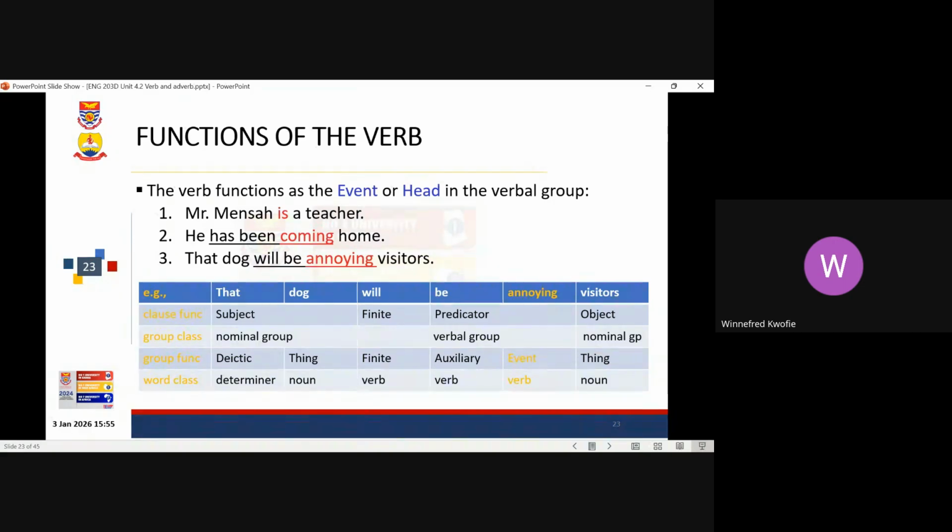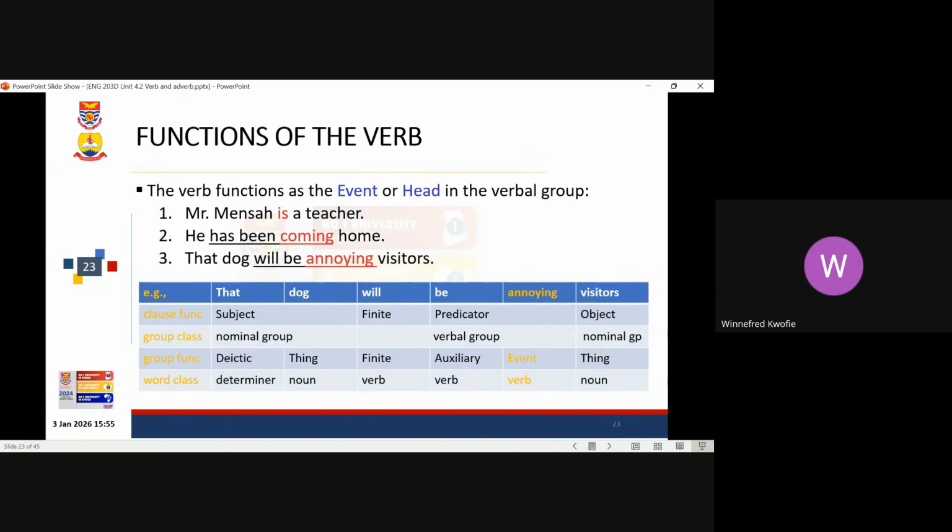So if it is a verbal group you are looking at, then the verb functions as the head of the group. So in the first example, Mr. Mensah is a teacher. You realize that is there alone. So in this case, is is a finite, at the same time the predicator.